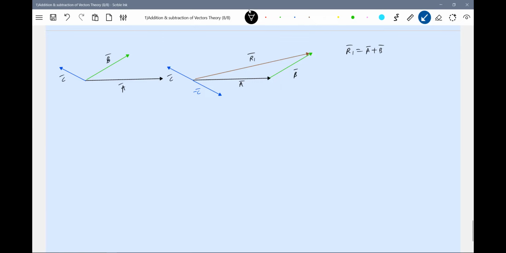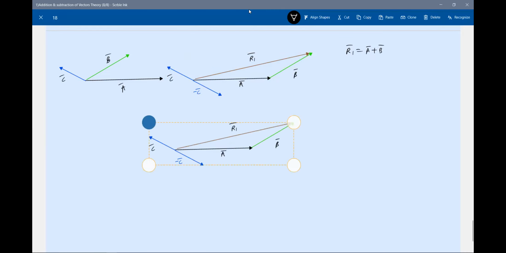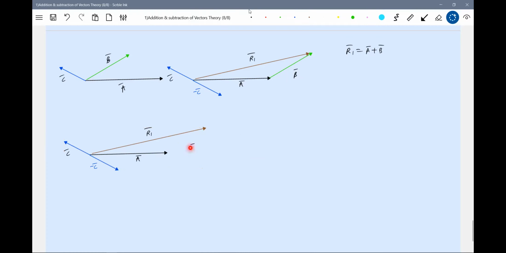I'll remove A bar and all other things, so this is not needed. Minus C bar, we will shift it.